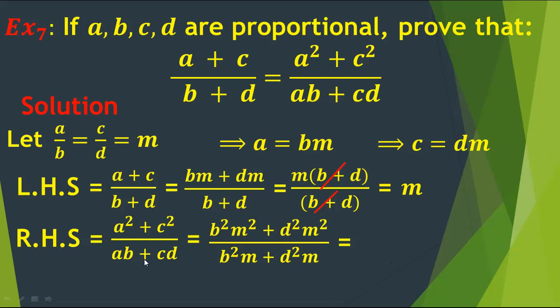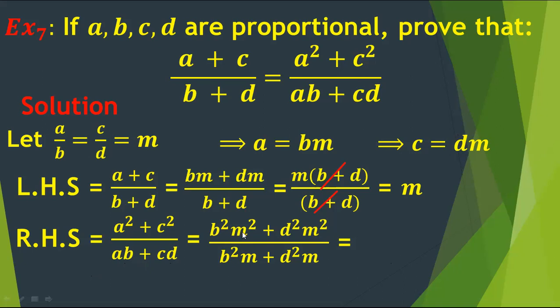Divided by AB: A equals BM, so B times B times M, B power 2 M; C equals DM, so D times D times M, D power 2 M. The next step is common factor.